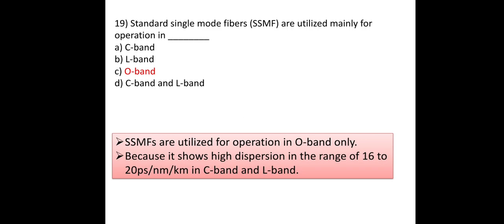The standard single mode fibers are utilized mainly in the O band. Because why? Because they show high dispersion in the range of 16 to 20 ps per nanometer per kilometer in the C band and L band. The correct option is C.